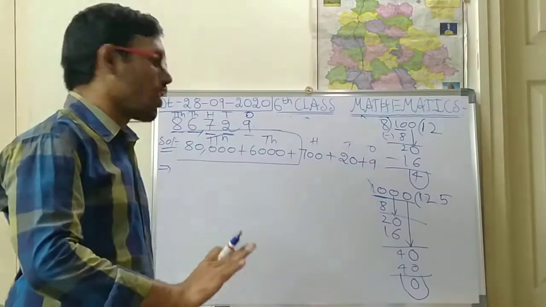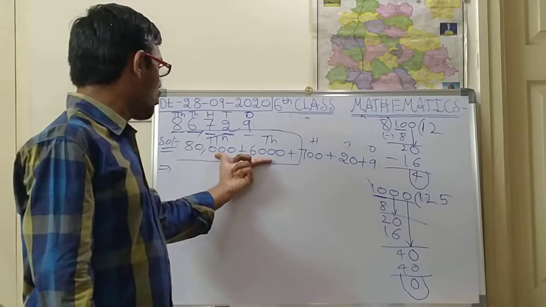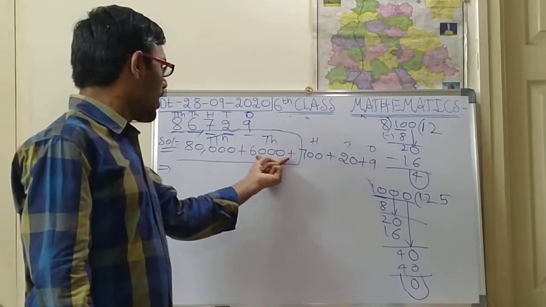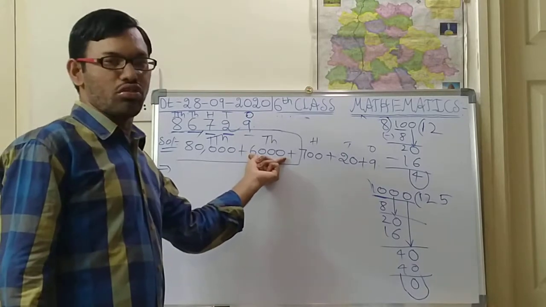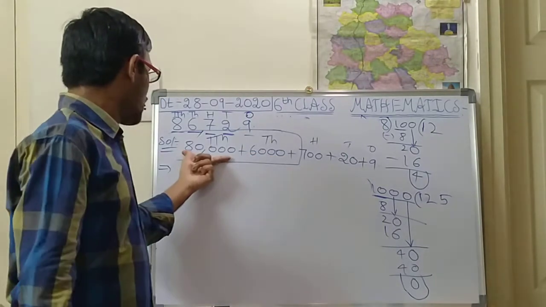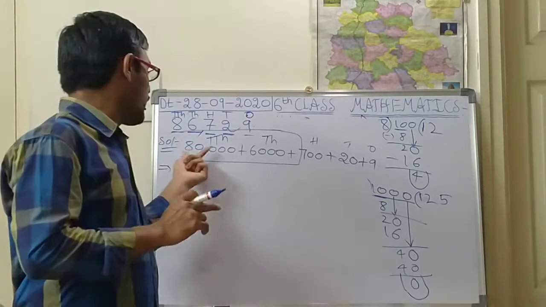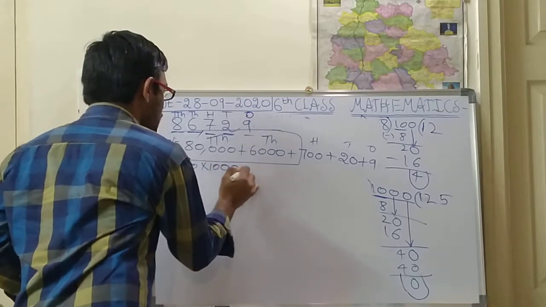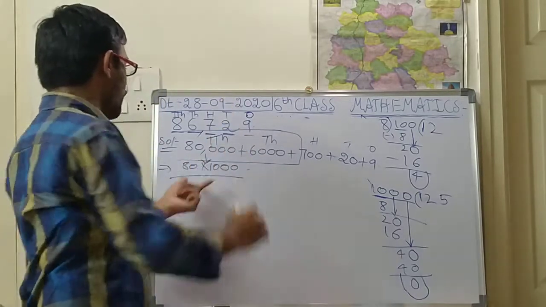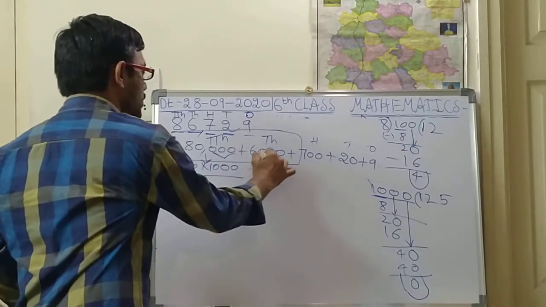Again, we are not supposed to check for 80,000 and 6,000 because these two are multiples of 1,000 only. How is this a multiple of 1,000? 6 into 1,000 is 6,000. Okay. Next, 80 into 1,000 is 80,000. So this is also a multiple of 1,000. So no need to check for these two numbers.